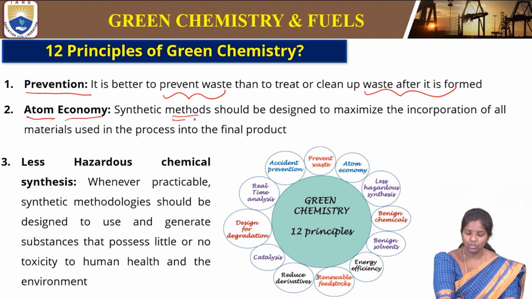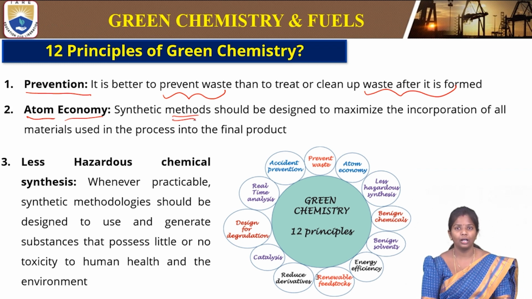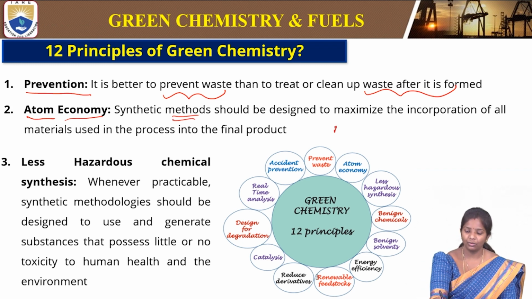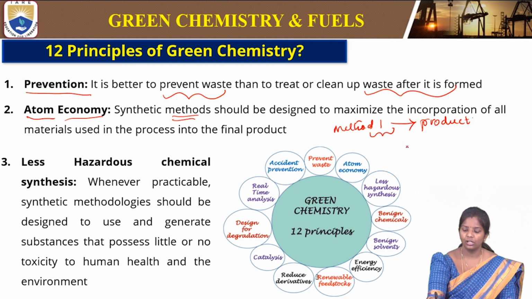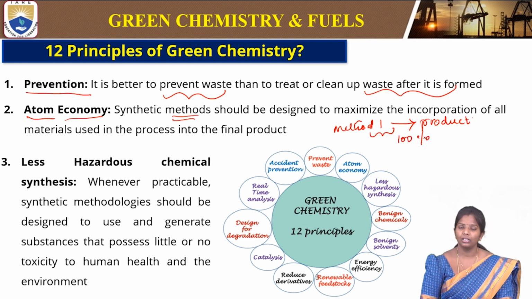Synthetic methods. So we have a method. Now we have method 1 for manufacturing a product. This method should use 100% of its reactants, that is, atoms at the molecular level.